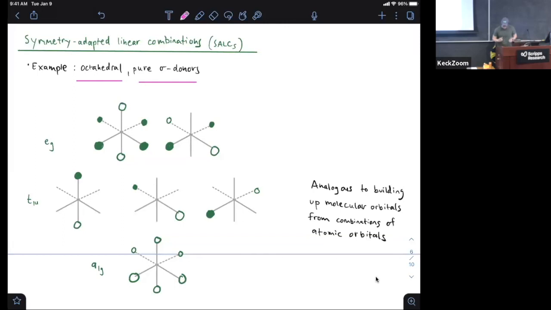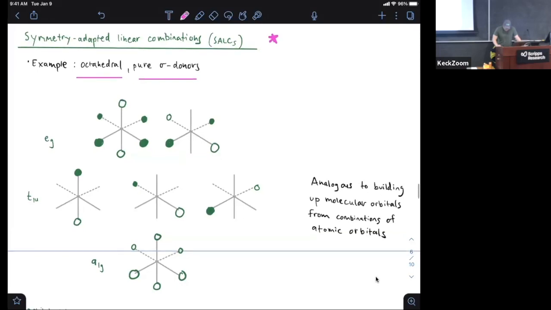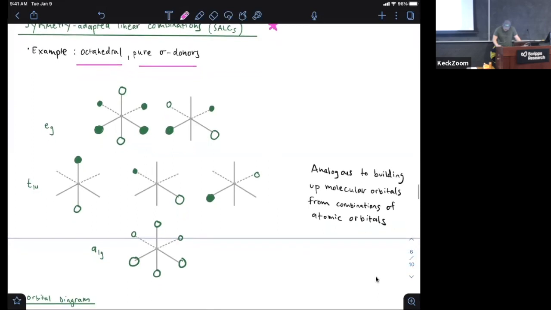And I'll try to walk through how this manifests itself in terms of the overall MO depiction. The first concept I will introduce is called the symmetry adapted linear combinations, or SALCs, of the corresponding ligand orbitals, or the vibrational displacement vectors.